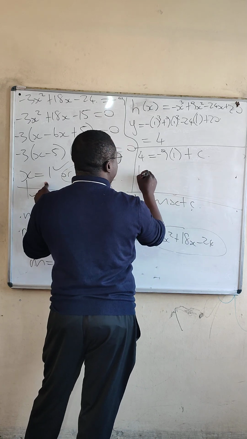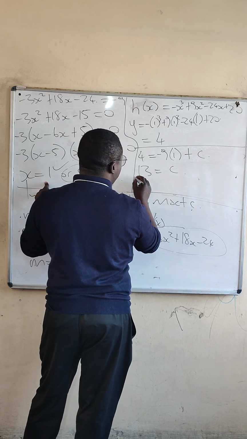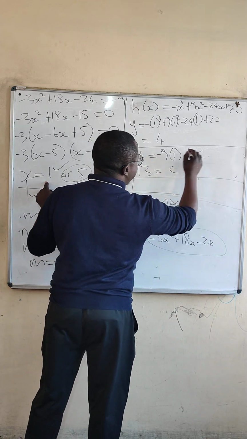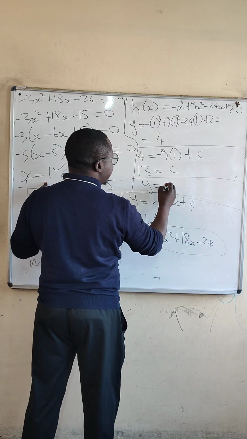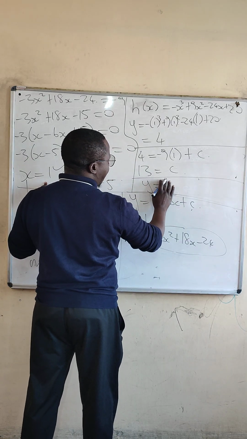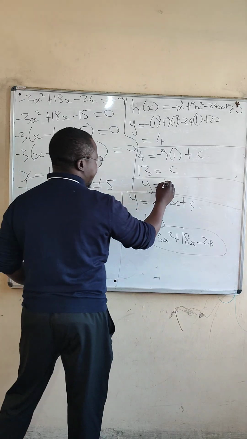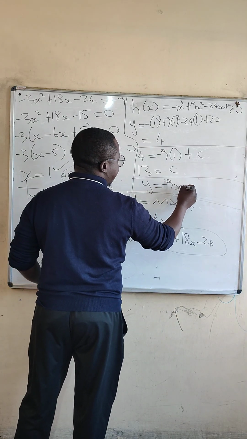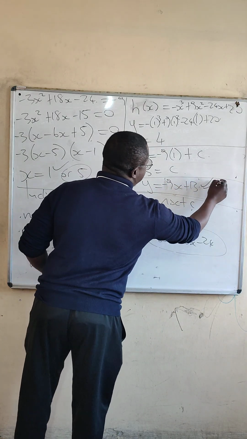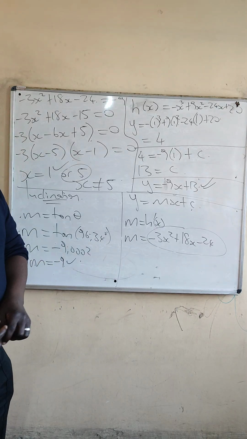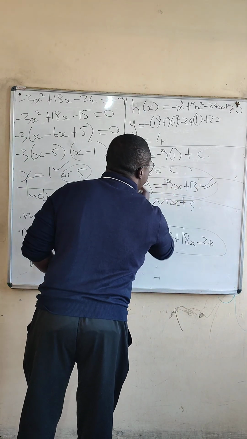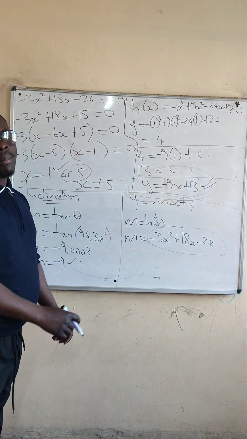Take this one over here. It means 13 is equal to c. So at the end of the day, y is equal to our m, which is negative 9, so negative 9x plus 13. This is how we determine the equation of the tangent.